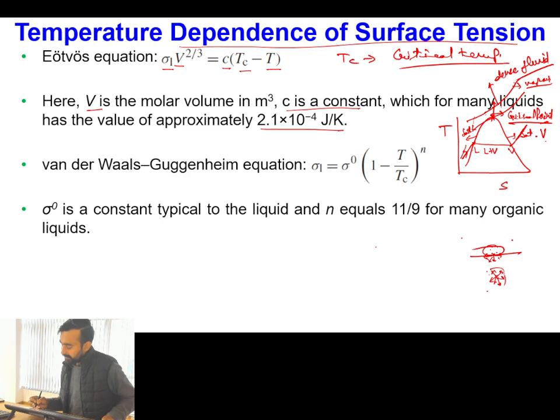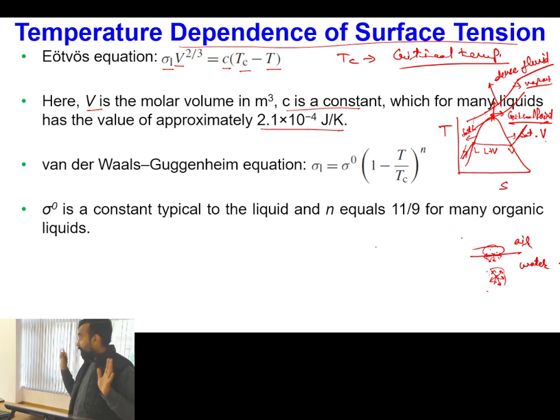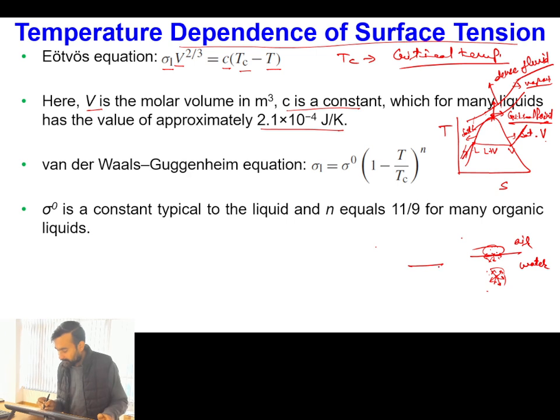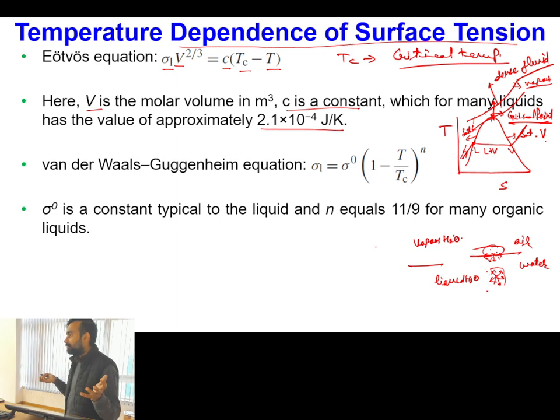Moreover, I gave you the earlier example of air and water. But even if I consider that here I have liquid water and there I have water vapor, again I have the same nature of molecule.